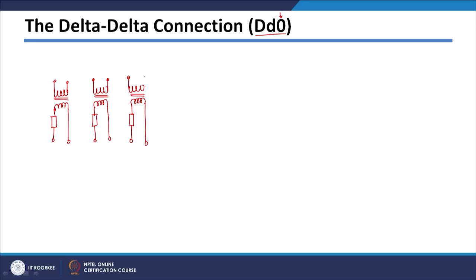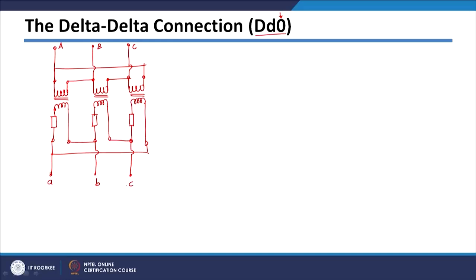Now we have seen that to connect delta we can connect them like this. So this is the delta connection on the secondary side, and this is your delta connection on the primary side, and this terminal will be taken out as capital A terminal, this will be capital B terminal, this will be capital C terminal. Similarly, this will be small a terminal, this will be small b terminal, and this will be small c terminal.